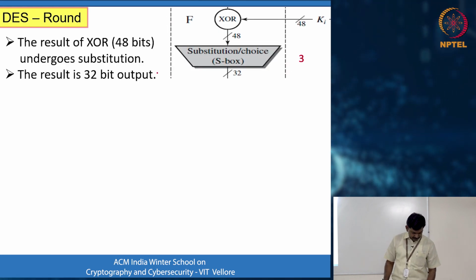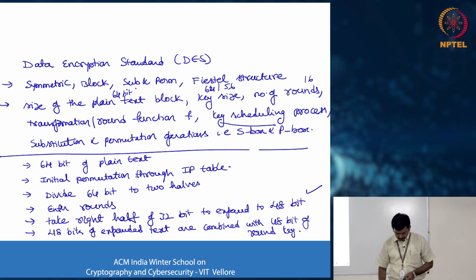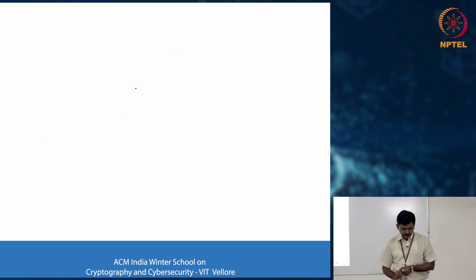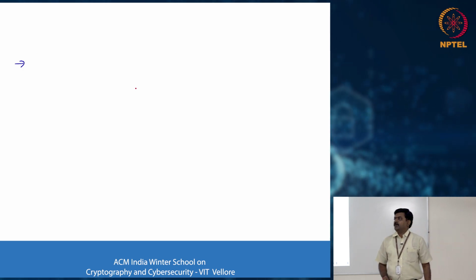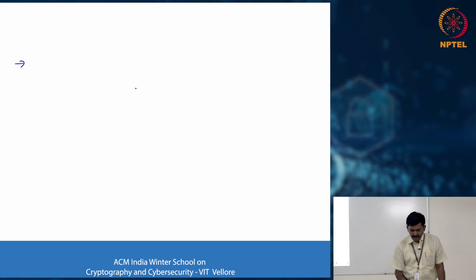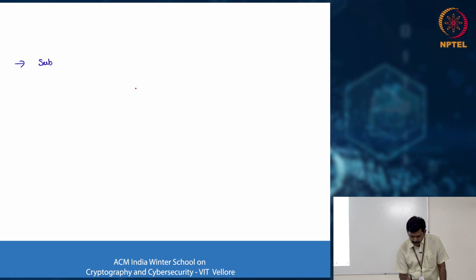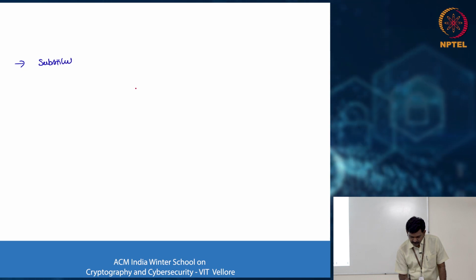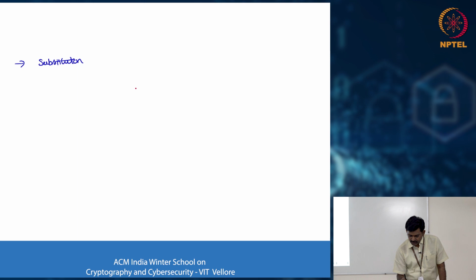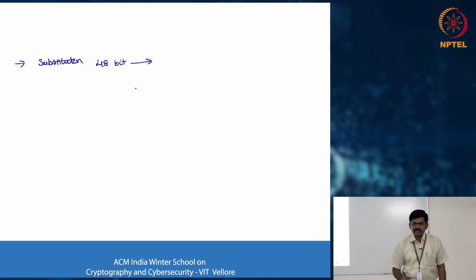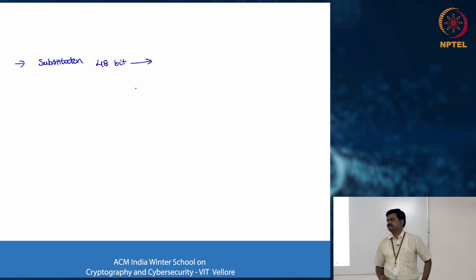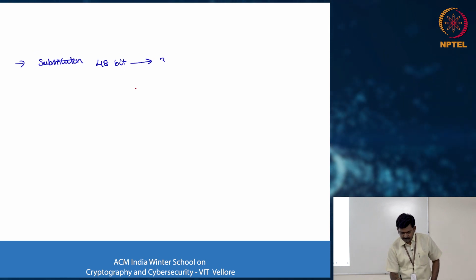What is the next step? Apply a substitution operation so that your 48 bits become 32 bits.